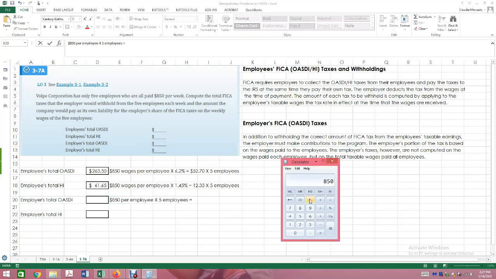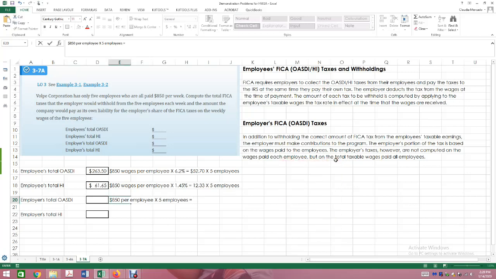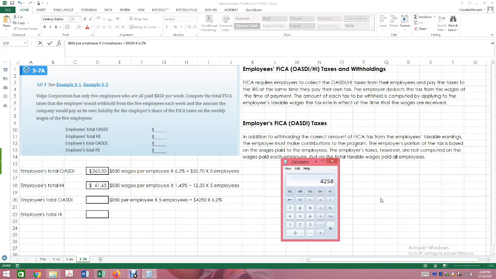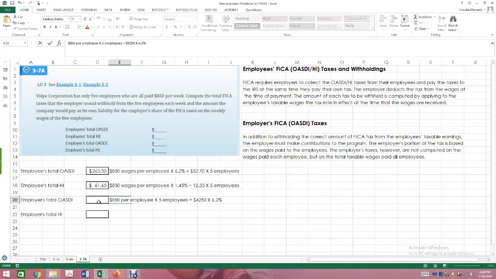I pay them $850 a week. I've got 5 employees, so that means I'm going to pay them $4,250. Once I have my total, I multiply by my rate of 6.2%. So $4,250 times 6.2% is $263.50, which in this problem is the same as the employee.